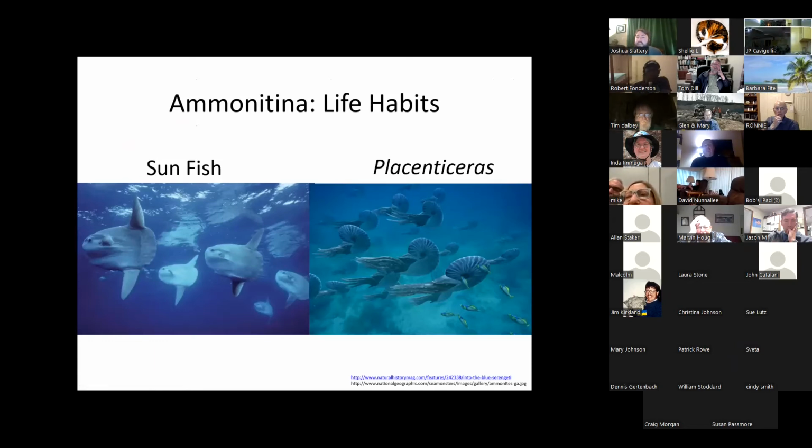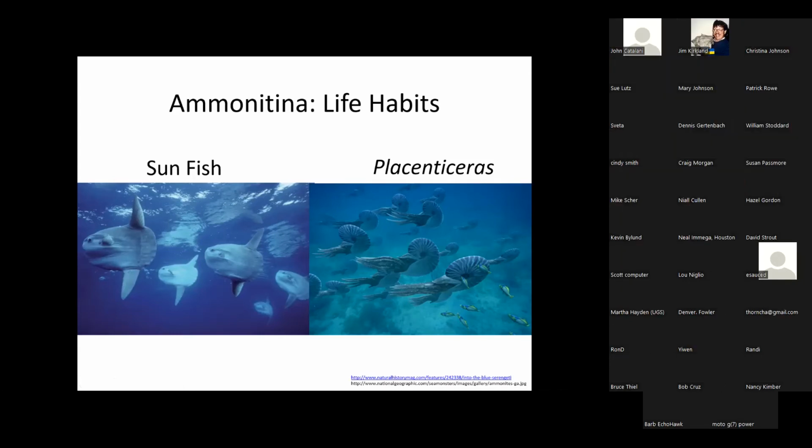When we look at the Ammonitina, these planospiral ammonites like Placenticerus, Sphenodiscus, and Pachydiscus, we think, and this is suggested by Neil Landman, that ecologically they're very similar to the modern sunfish. This is a picture of the modern sunfish; these things get absolutely immense. And these Ammonitina also got very large and very compressed.